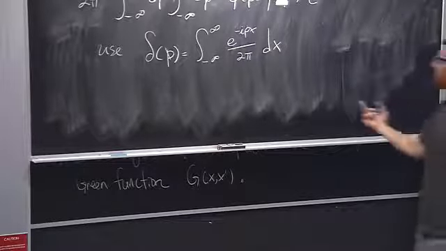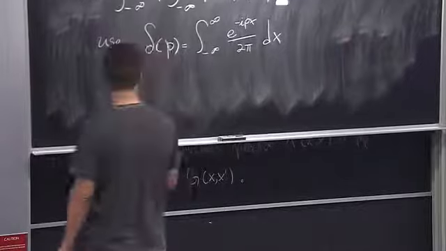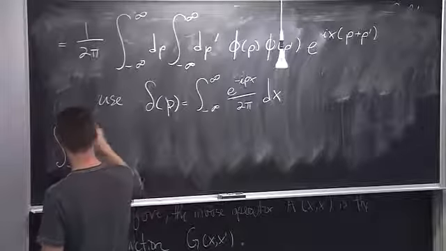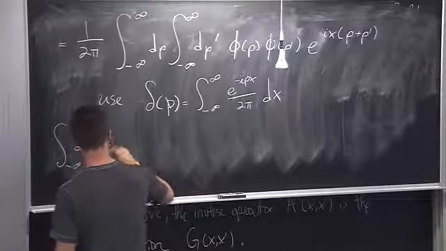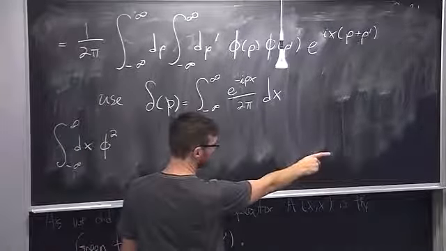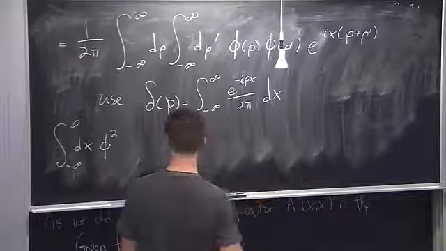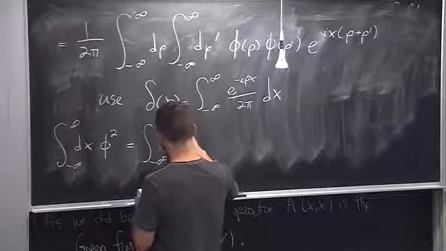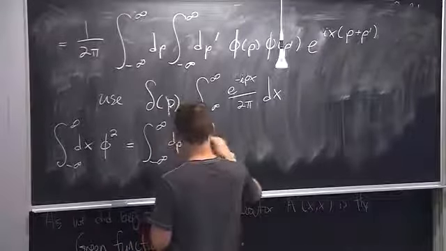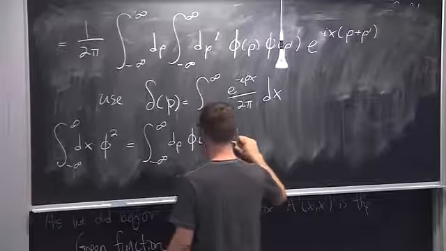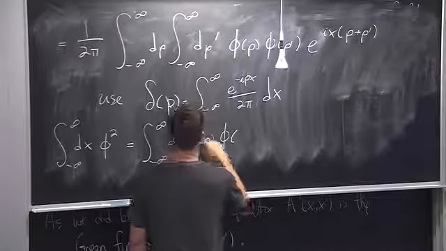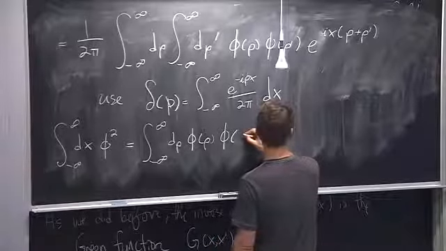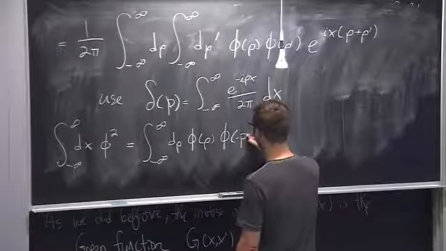Okay, great. So it means that that integral from minus infinity to infinity dx phi squared, the one-dimensional version of the second term that's proportional to r, gives me p plus p prime is equal to 0, so this one has to be minus p.